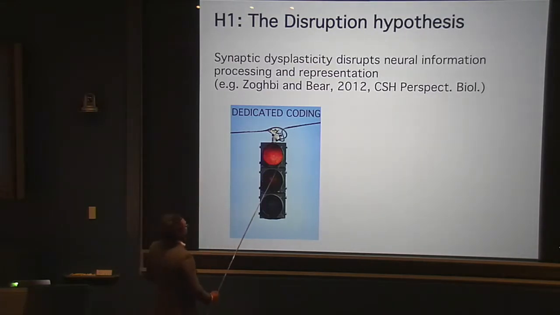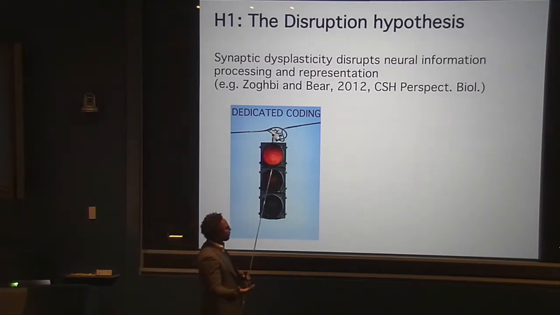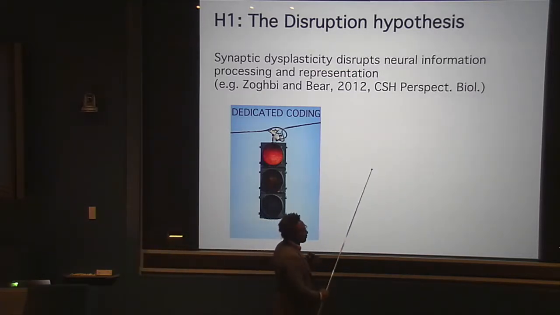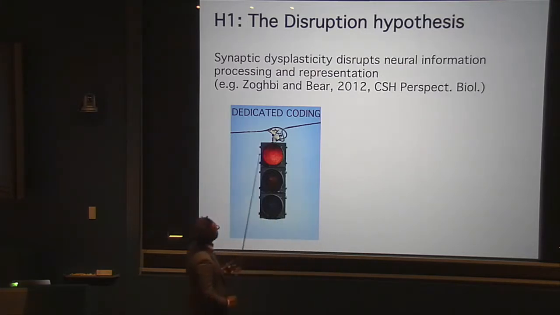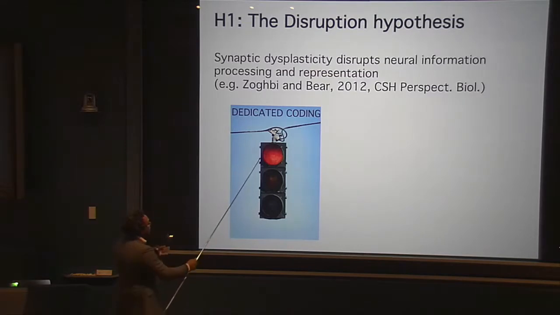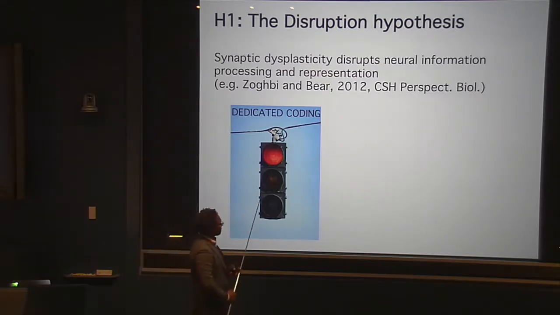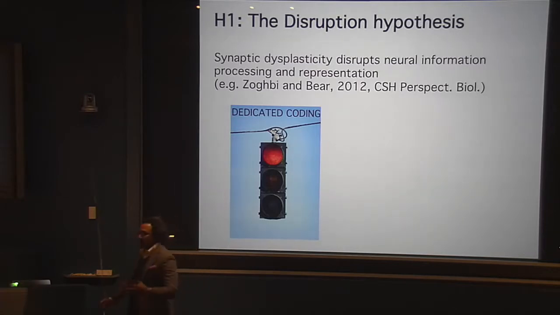So you can frame one of these hypotheses this way. This synaptic dysplasticity that we observed is going to disrupt neural information processing and how it's represented in the brain. And you can think about this with the analogy of a traffic light. Each light here is, if you will, analogous to a functional neuronal type.